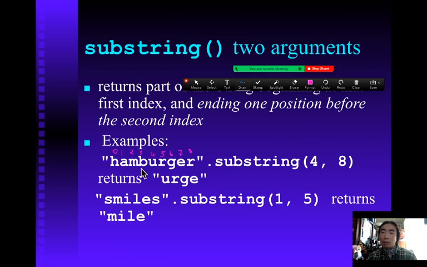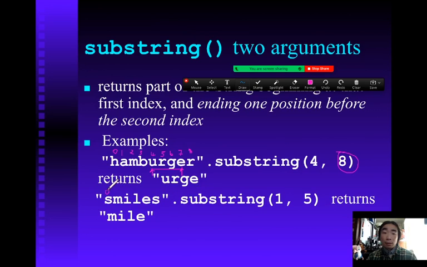So you include the first one, inclusive of the first number, and then stop right before this second number. That's where it gets annoying. So you don't include R, position 8, you stop at E, the C.